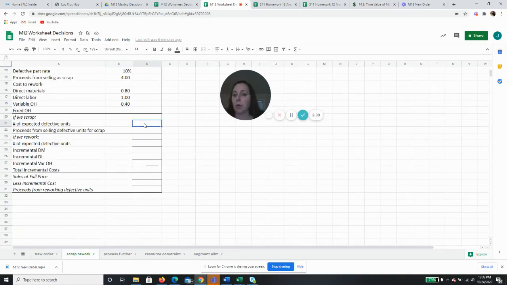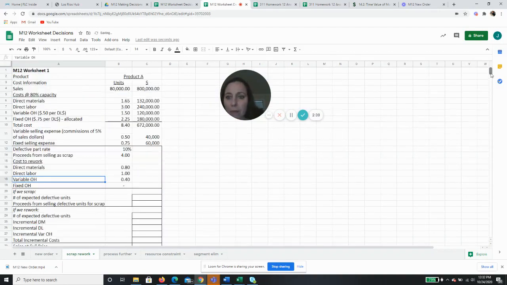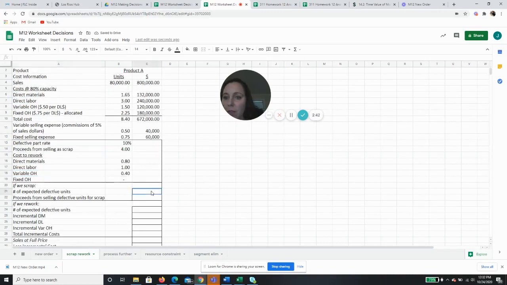If we rework or if we scrap, the number of defective units is going to be the number of units we make times our defective part rate of 10%. So we expect to have 8,000 defective units. If we sell them for scrap, we're going to sell those 8,000 units for $4 a unit, and we will make $32,000.